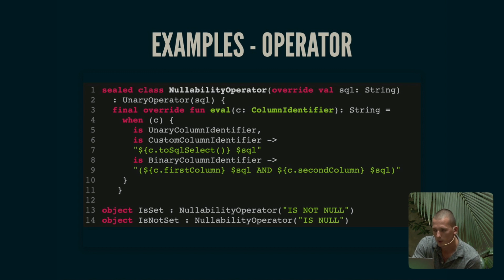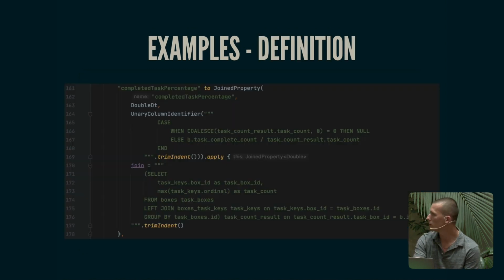And I was talking about this definition part, like how to describe a property or a column. Here's a screenshot from our source. I hope you can read it. It's actually a map, and I define a join property which holds the information about the completed task percentage, how many of the tasks related to a box are actually completed. It's a double, and it's a single expression. One advantage of these column identifiers is that I can put pretty much anything I want into that.